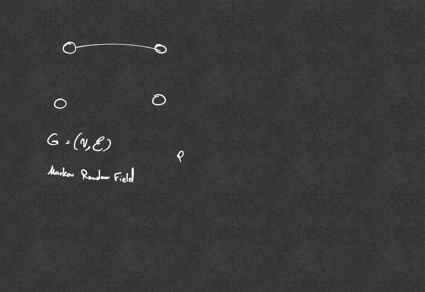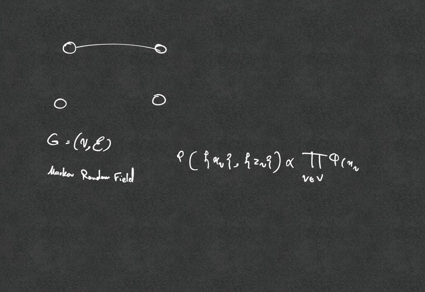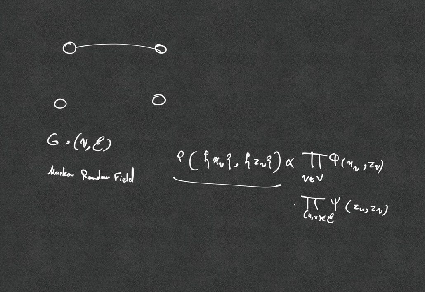This assumption means that if you consider the probability distribution over the space of all of the node representations and latent representations, this is going to be proportional to the non-negative potential phi, and this is again multiplication, and you have psi for every edge.